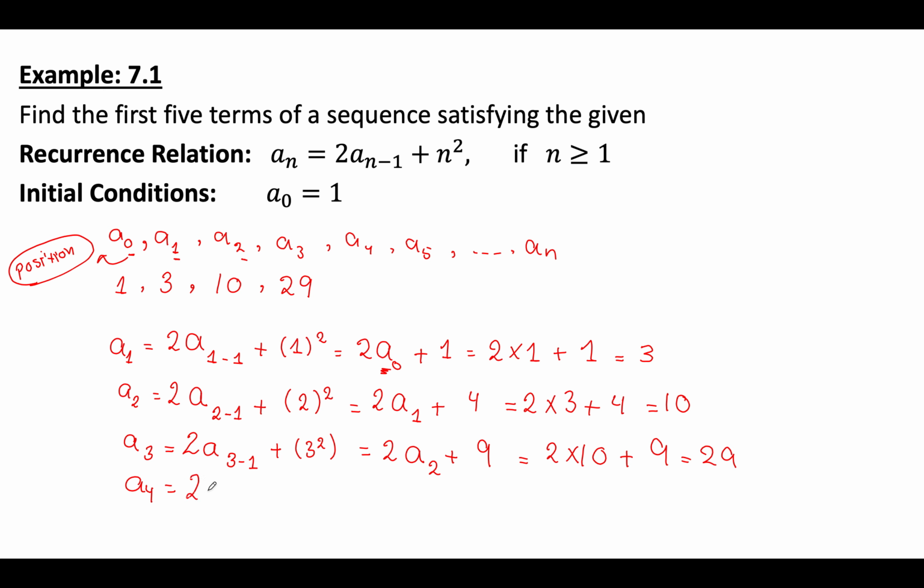So this is equal to 2A(4-1) plus 4 squared.